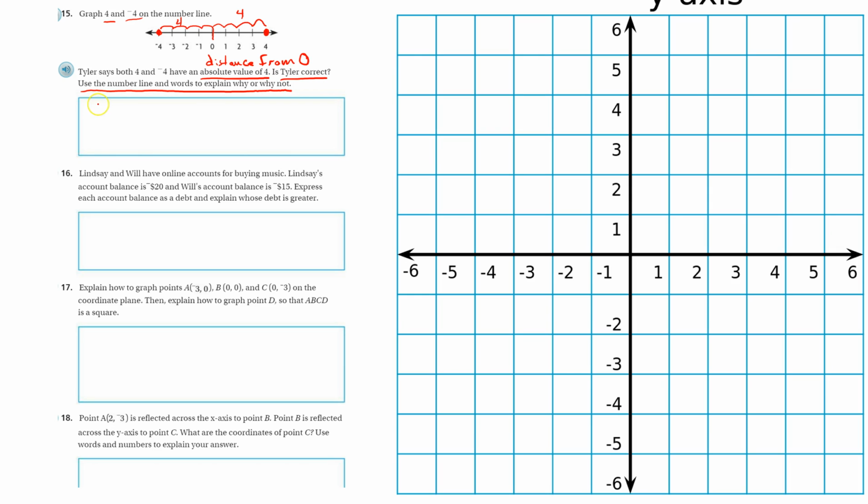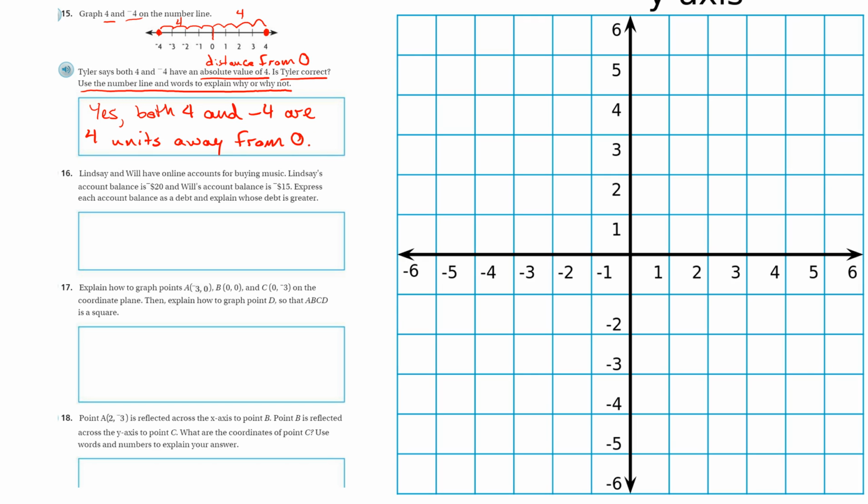So, is Tyler correct? Yes. Both 4 and negative 4 are 4 units away from 0.